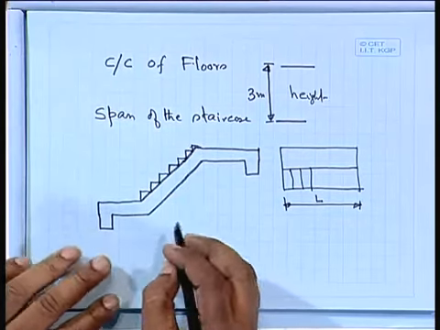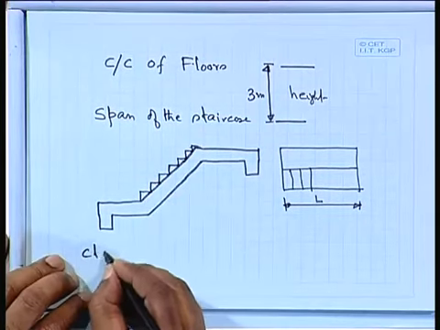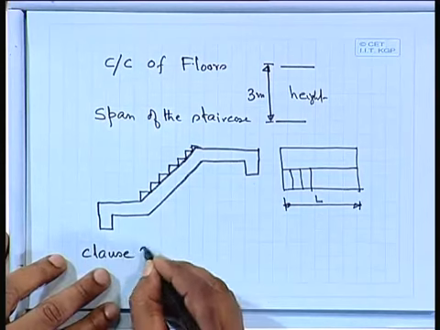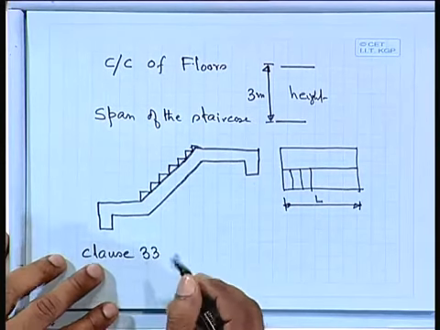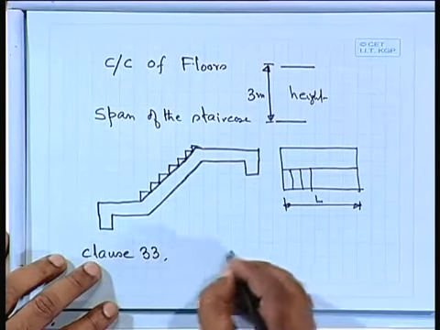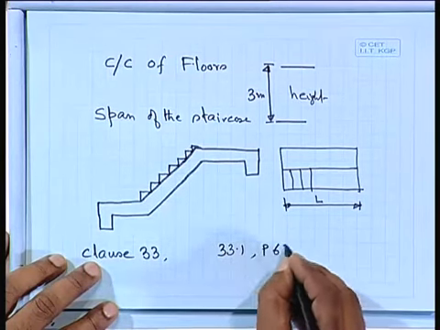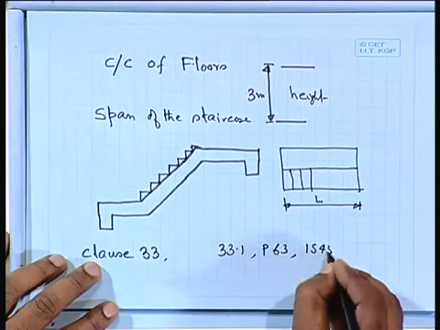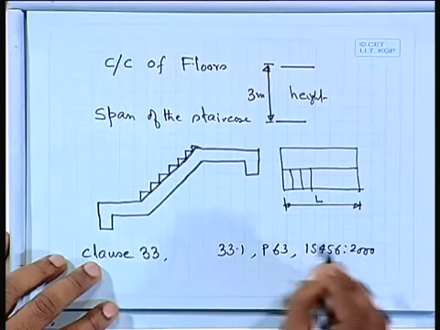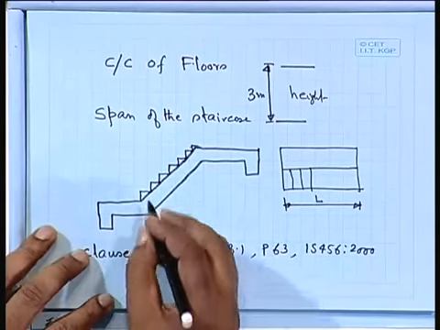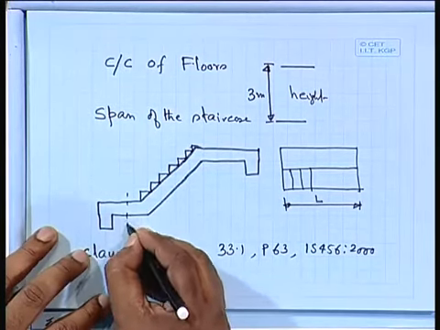This one we shall find out in clause 33, and more specifically 33.1, page 63 of IS 456:2000. So the effective span, we generally take it here.